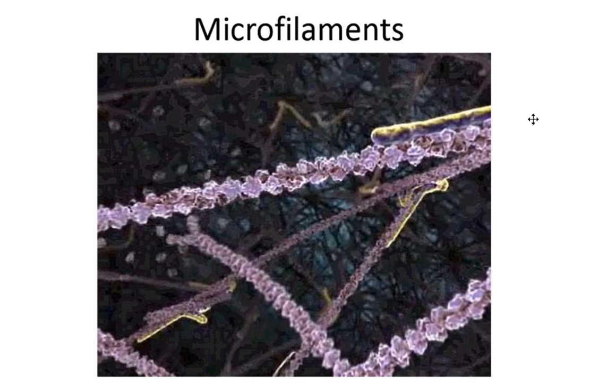Microfilaments are thread-like structures created from a protein called actin. This gives the cell structure and flexibility used to move the cells around their environment and so forth. Actin and myosin are proteins found in muscle cells that are used to contract your muscle cells.